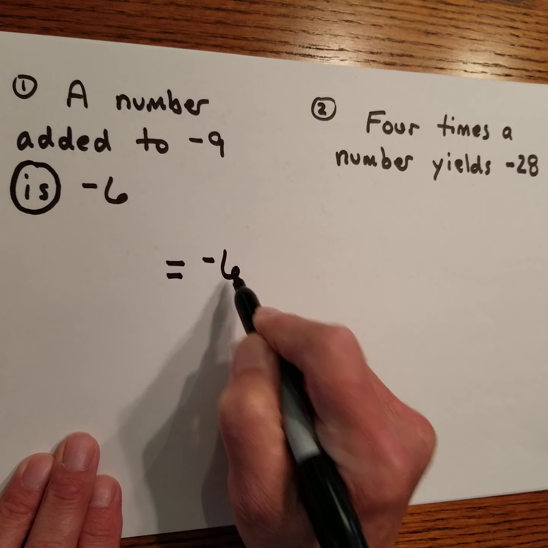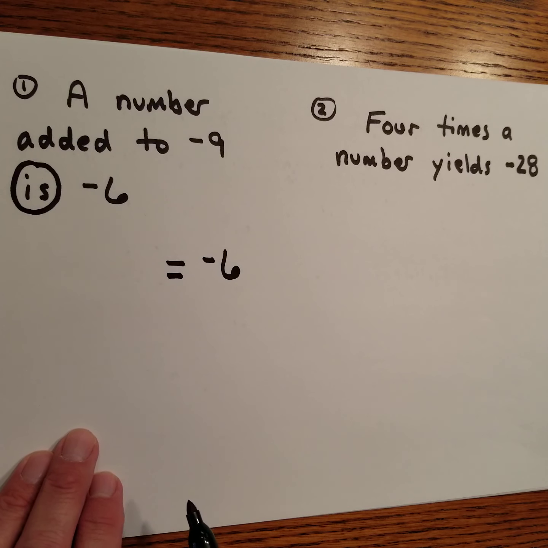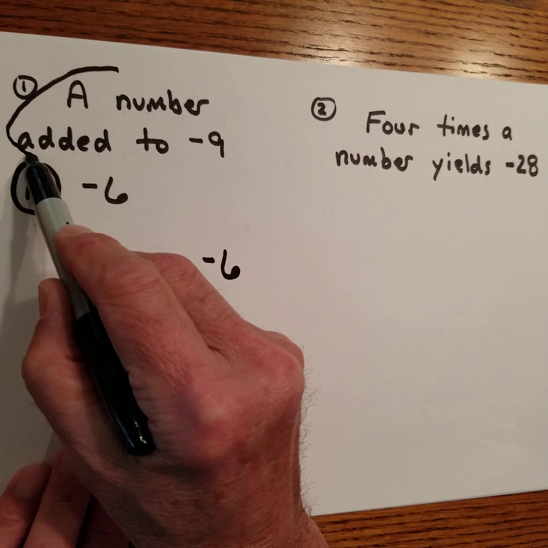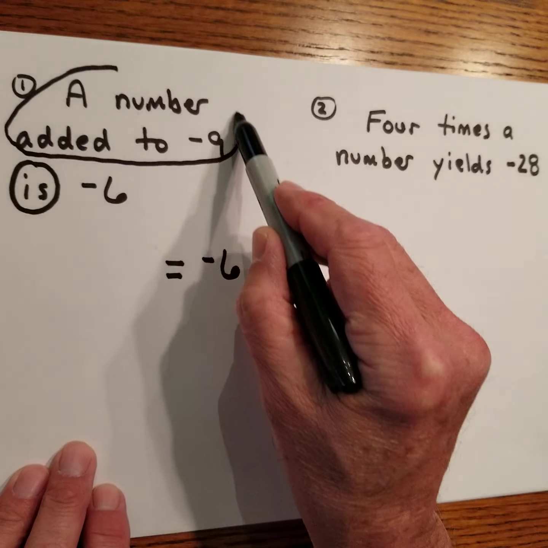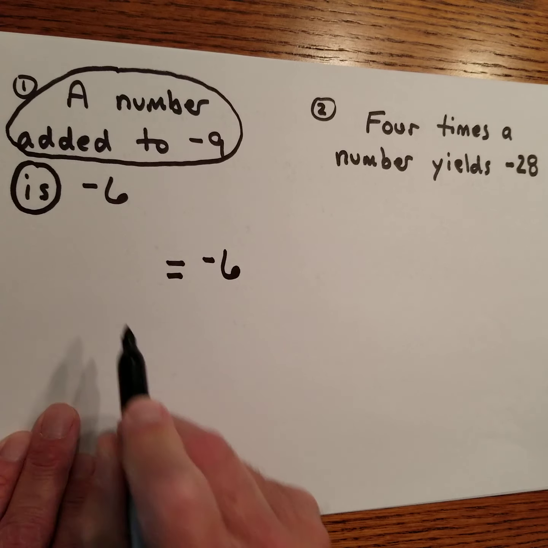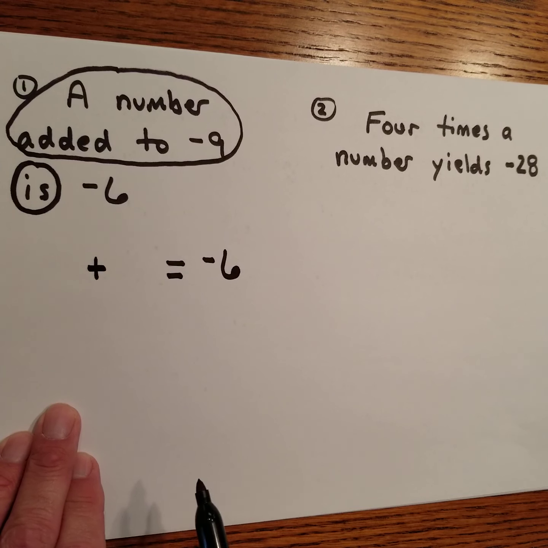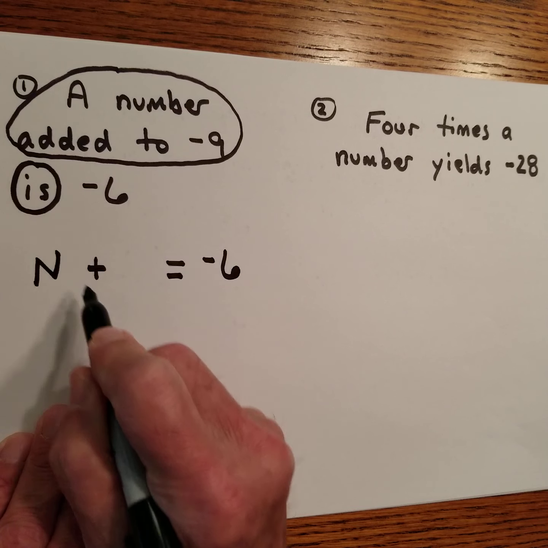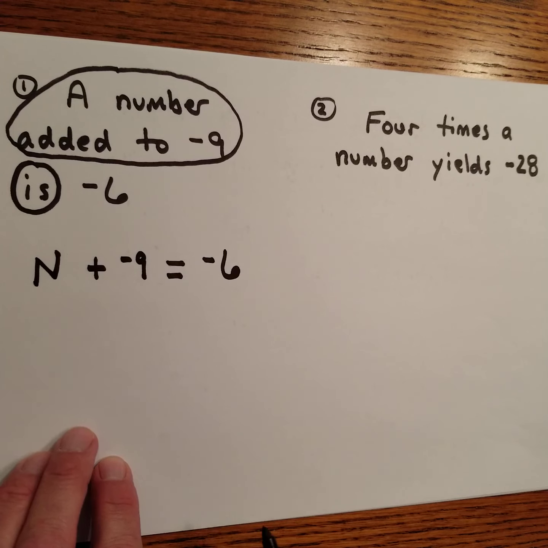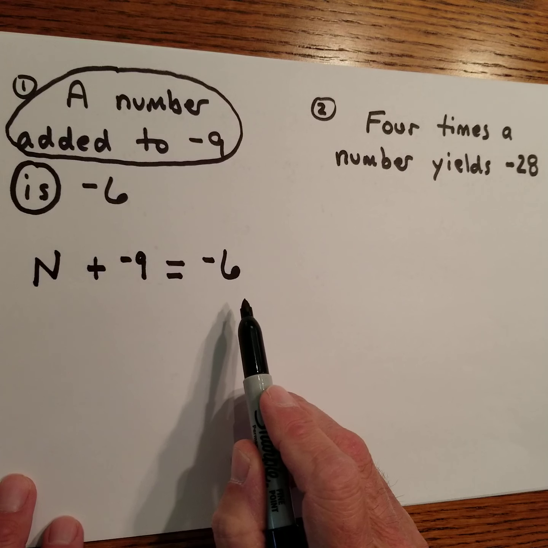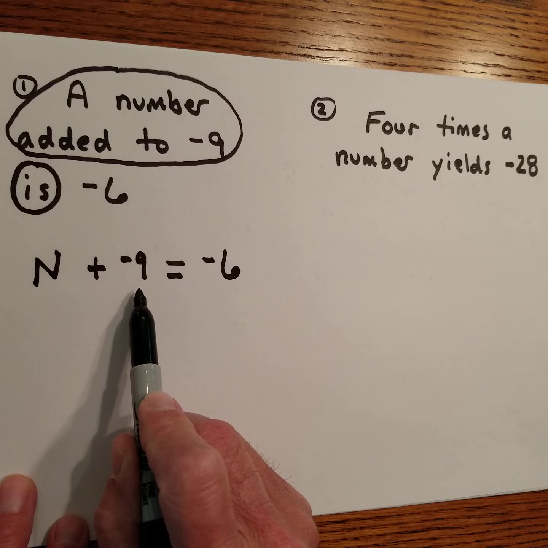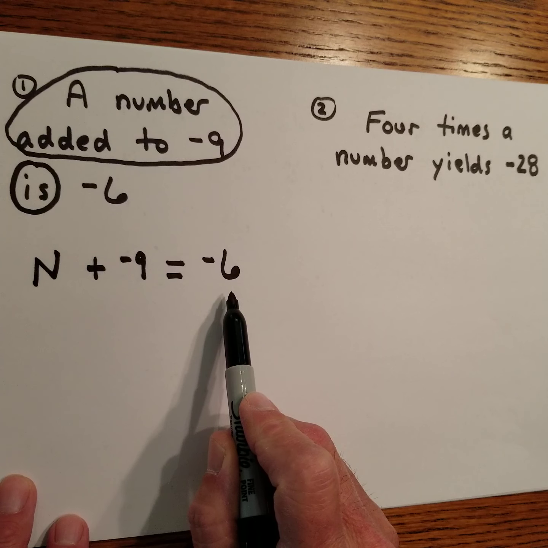We'll put that there. What comes before the equal sign is all of this. I need a number added to -9. There's the equation. A number added to -9 is -6.